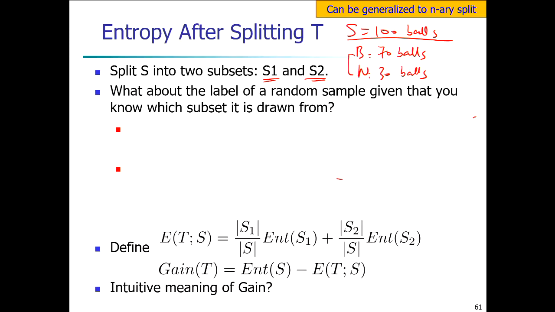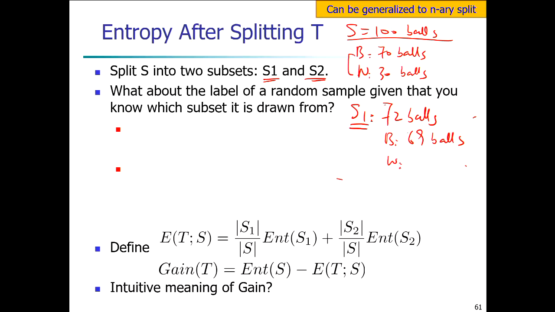It doesn't really matter what S1 and S2 mean. But I tell you further that S1 is a set with, let's say, 72 balls, and out of them, 69 are black balls.